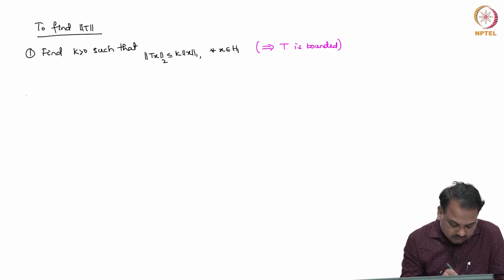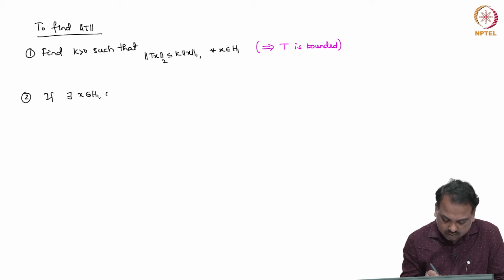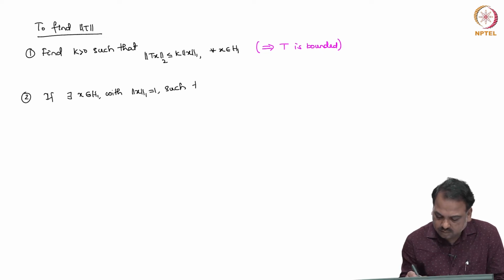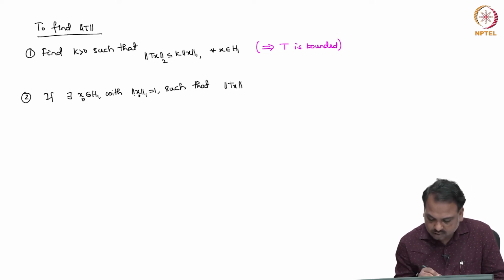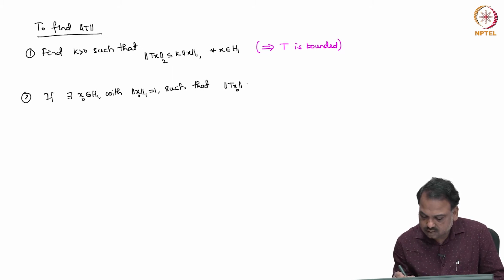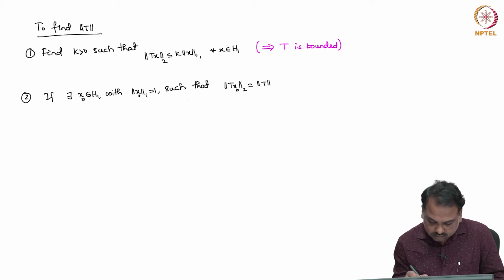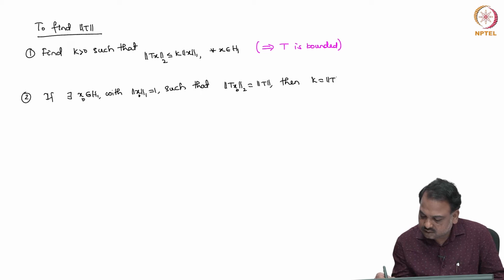The second step is, if there exists some x0 in H1 with norm x0 equal to 1 such that norm Tx0 equals K, then we can say that K is exactly the norm of the operator.